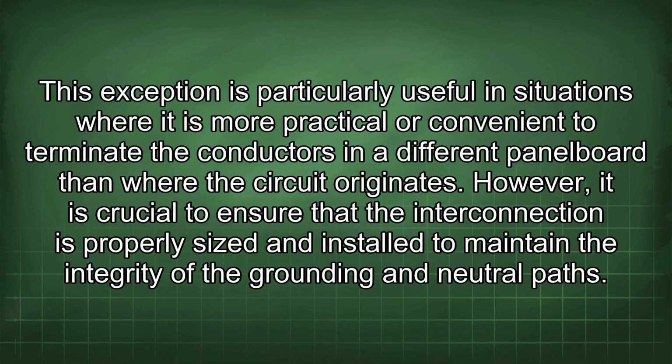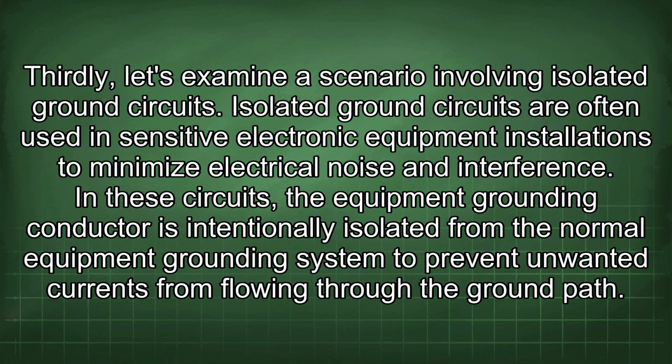This exception is particularly useful in situations where it is more practical or convenient to terminate the conductors in a different panel board than where the circuit originates. However, it is crucial to ensure that the interconnection is properly sized and installed to maintain the integrity of the grounding and neutral paths.